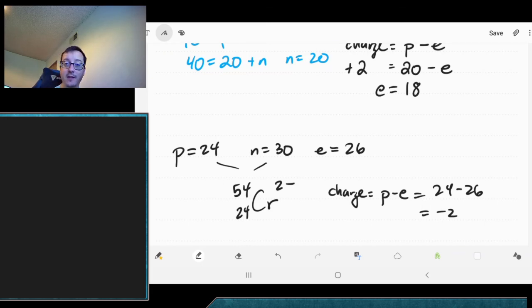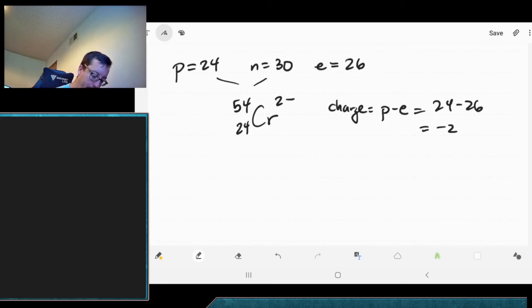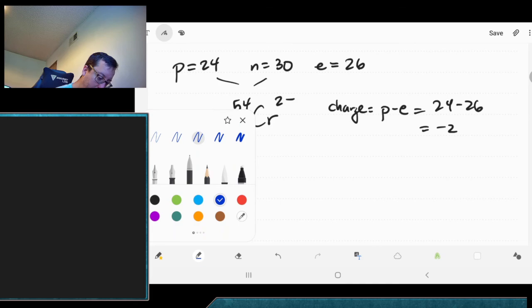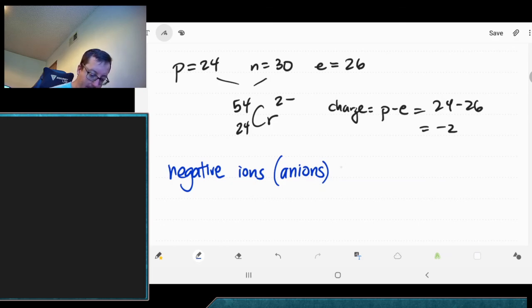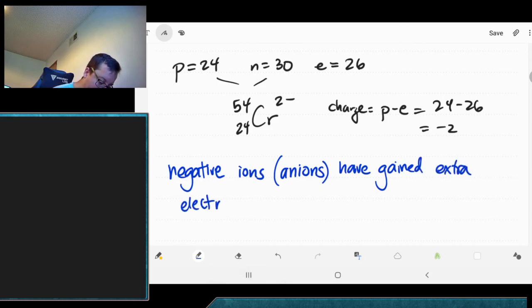And so you can think about it as well. It's always a good idea to make sense of the information you're given. I can write that out, I suppose. We're going to see that negative ions, which we call anions, have gained extra electrons from something.